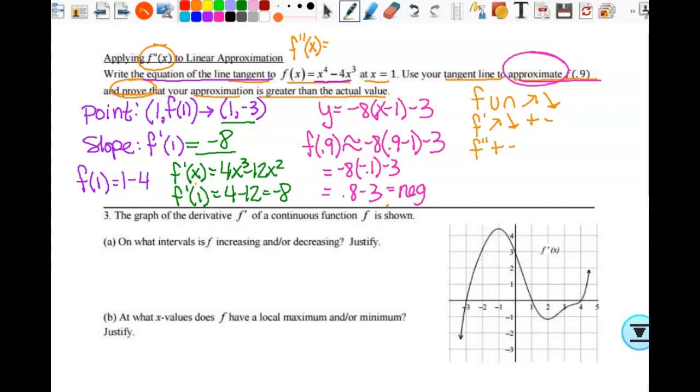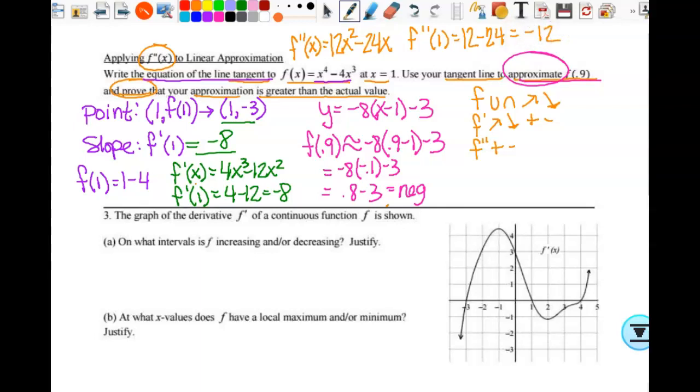So f double prime is going to give me 12x squared minus 24x. You agree with that? Okay. So then I need f double prime of 1. F double prime of 1 is what? 12 minus 24. It is negative 12.